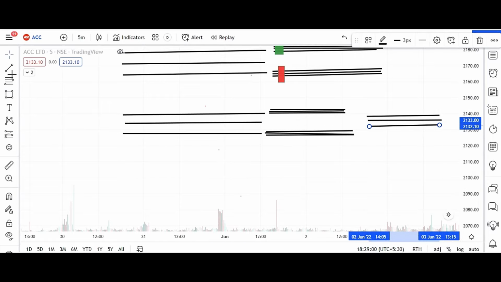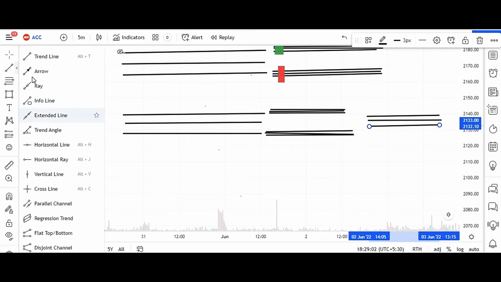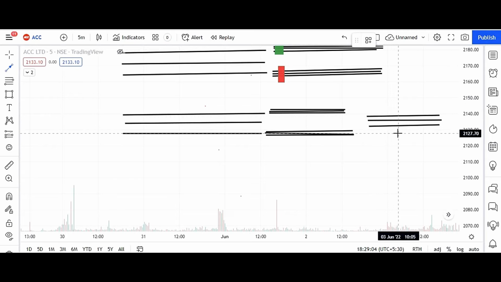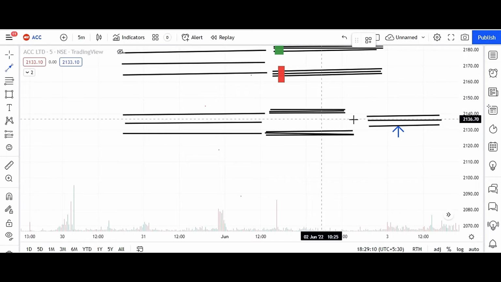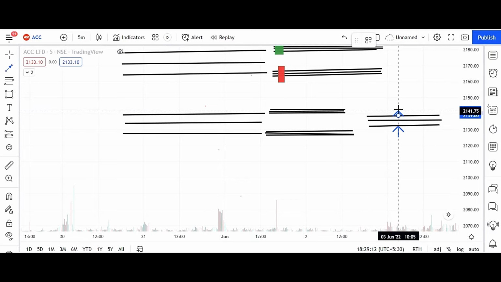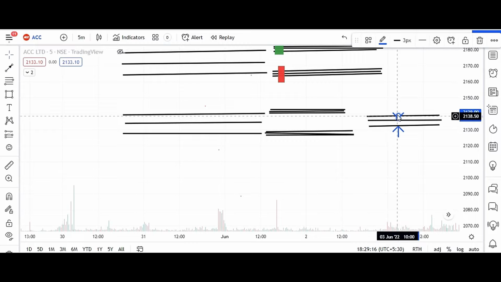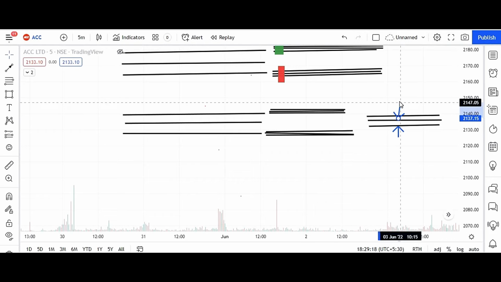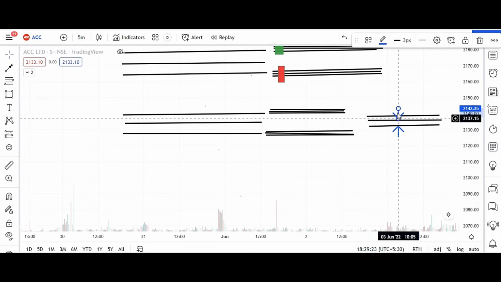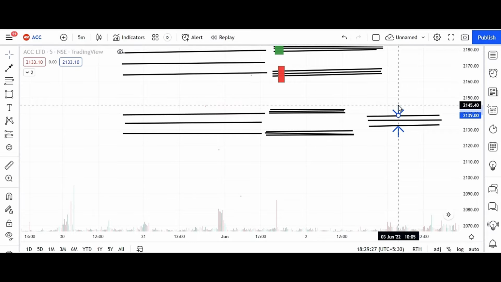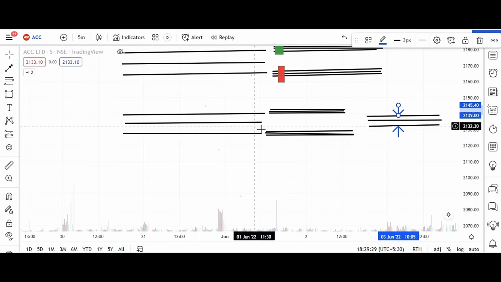Okay, so it would be inside. Forms like this, okay, inside this CPR.